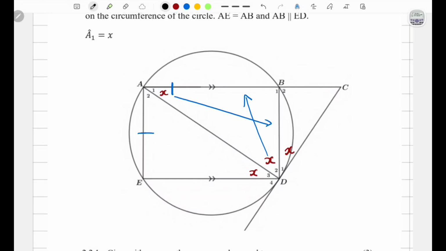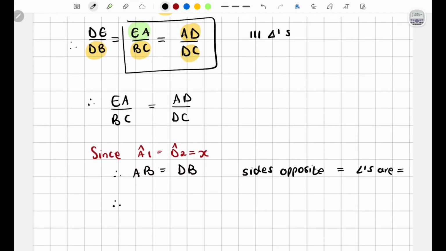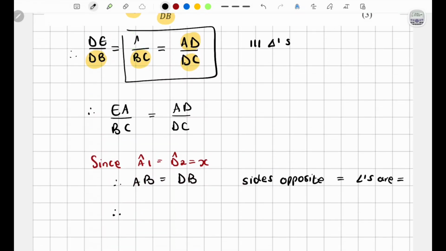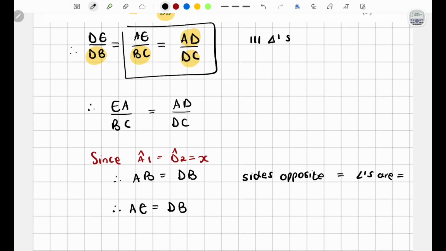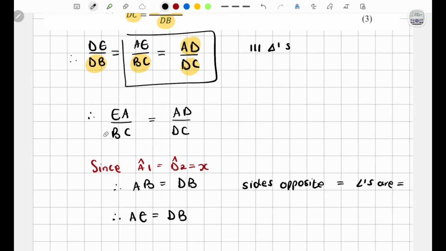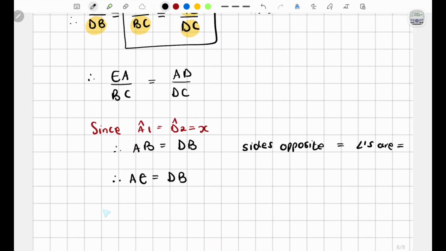So that's what we're concluding. Therefore AE, and I'm just going to call it AE in alphabetical order, is finally equal to DB, and that's good. So now we can take what we had, and in place of AE, that's EA, we're just going to put DB.